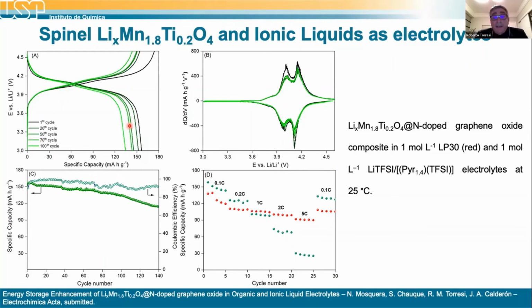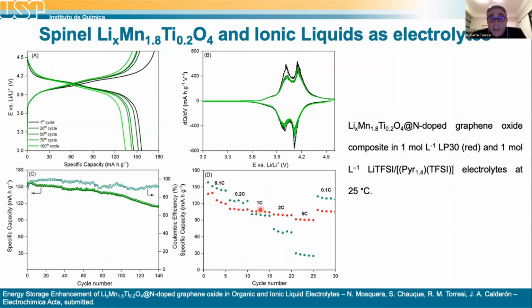They are similar. That is good, because the ionic liquid is more viscous, so this can put some problems. And in this case we show different currents used for the discharge and charge process.